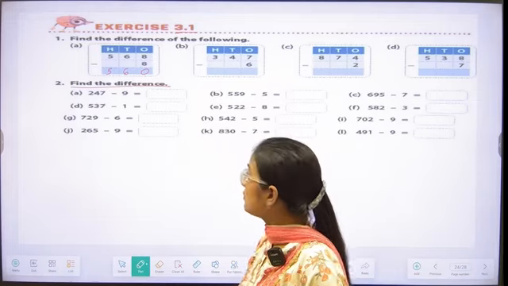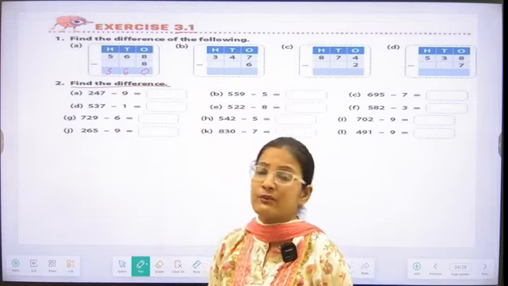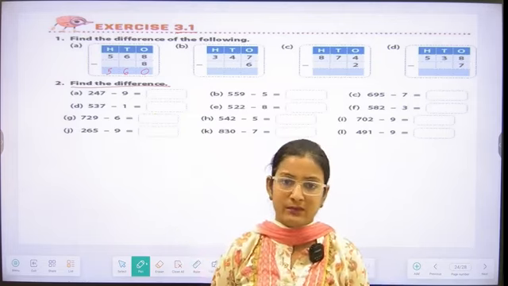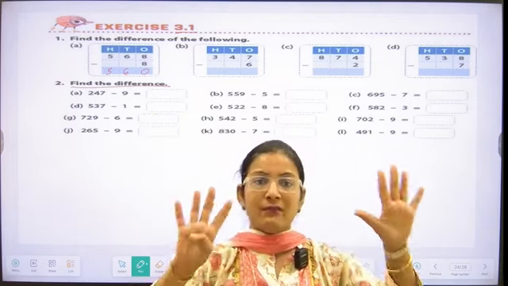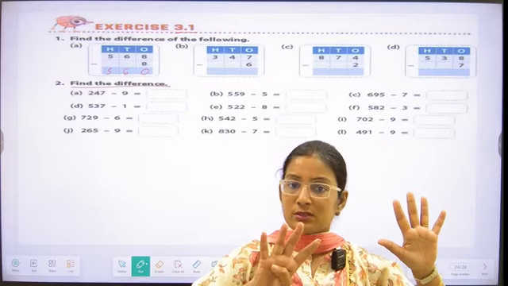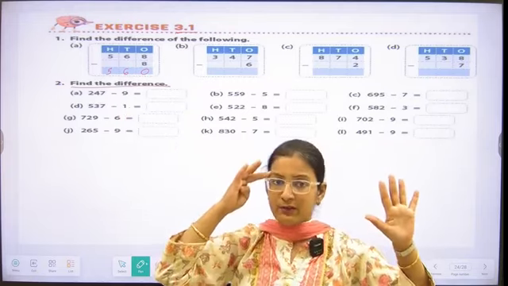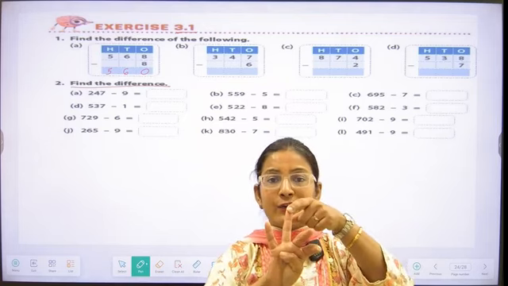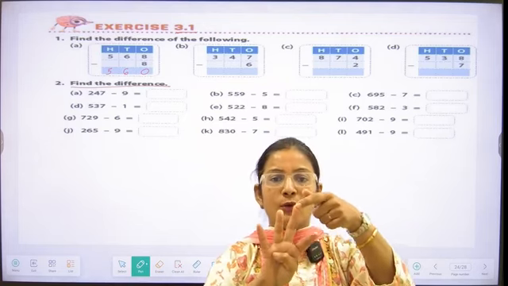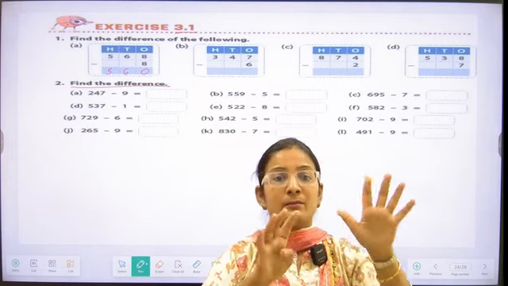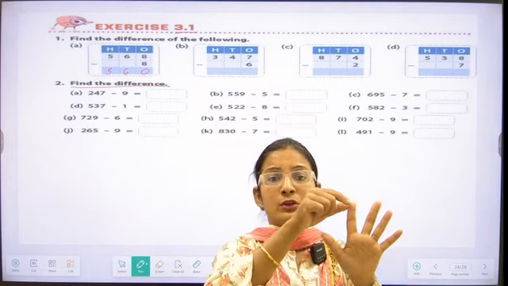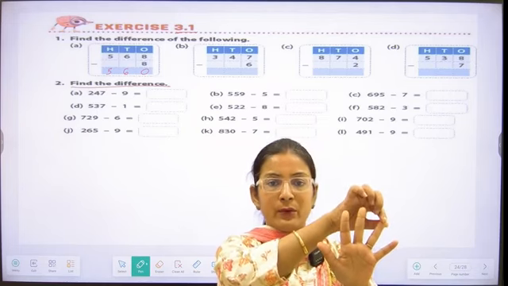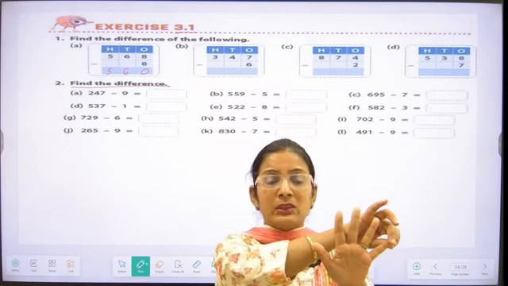So what do we have to do? First we have to separate 200 to keep the bigger number in our mind. That is 247, and make 9 on our fingers just like I do. So the bigger number is 247, then 246, 245, 244, 243, 242, 241, 240, 239, 238.